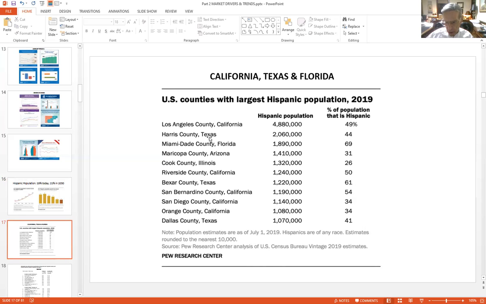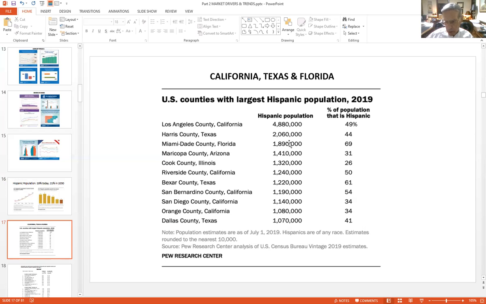Similarly, in Texas, and here we see in Harris County, about 44%, down in Dallas, 41%. Miami, my golly, 69%.